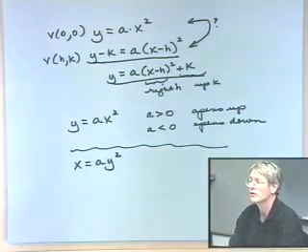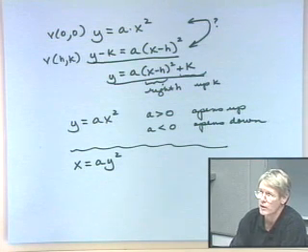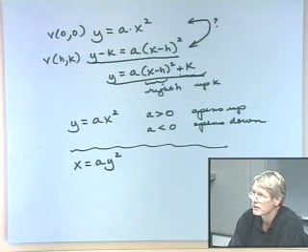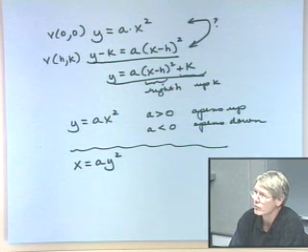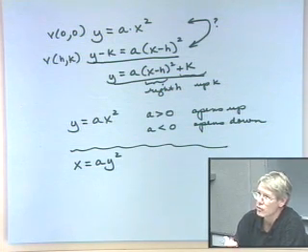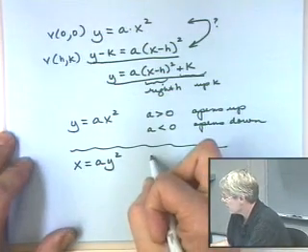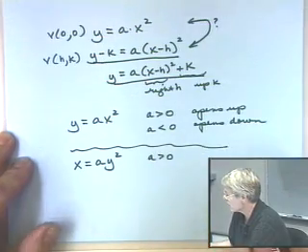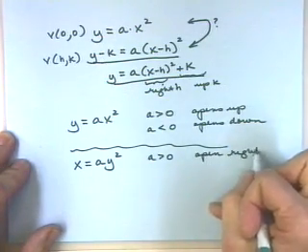Is that okay? If the x's are linear and the y's are squared, then we've got a possibility of points in the same vertical line because you're squaring the y. And if a is greater than 0, they open right.